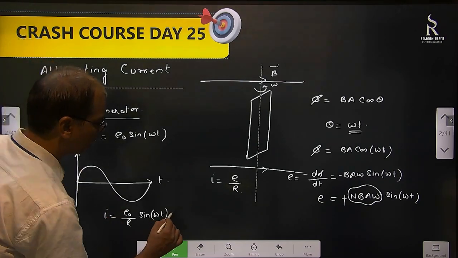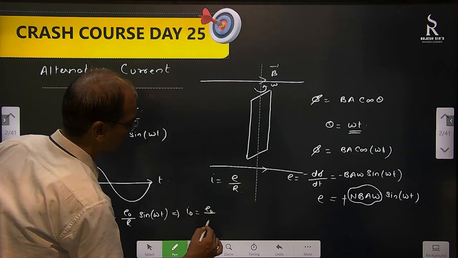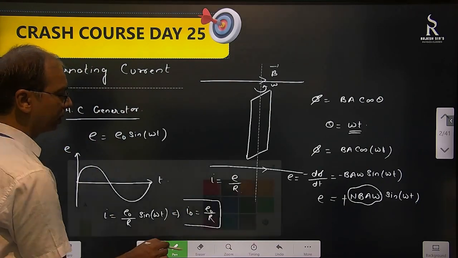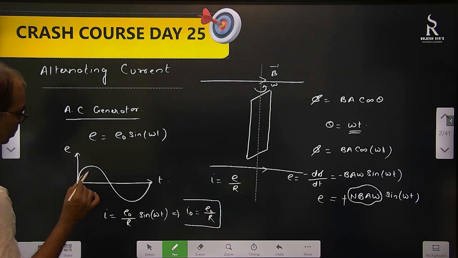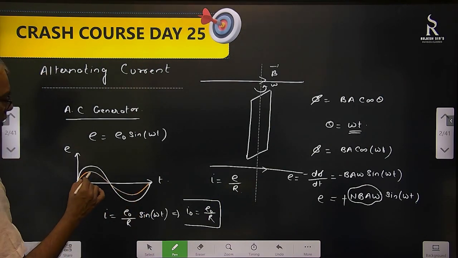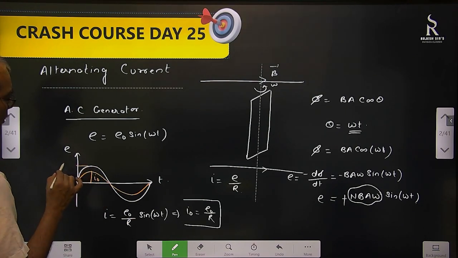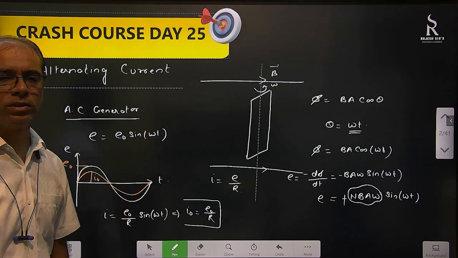Here E naught by R we are representing with I naught. So, it will be something like this. This is I naught and this is E naught. This is what we are getting in an AC generator.